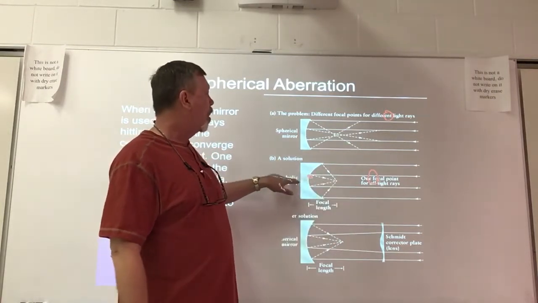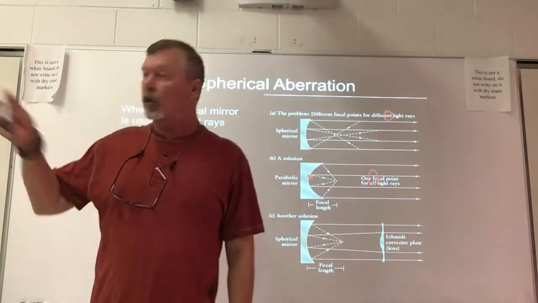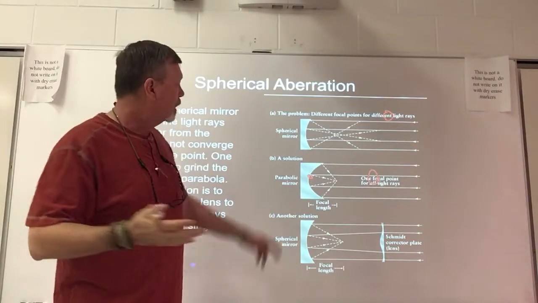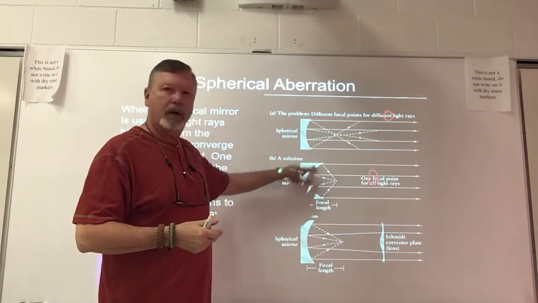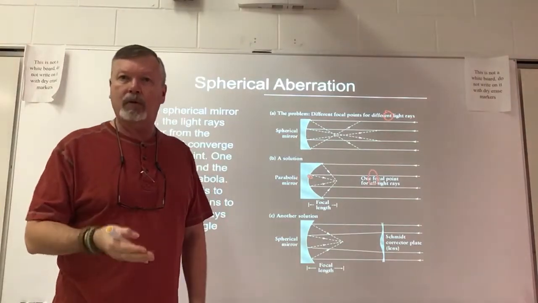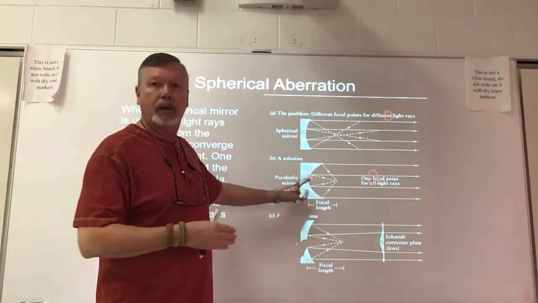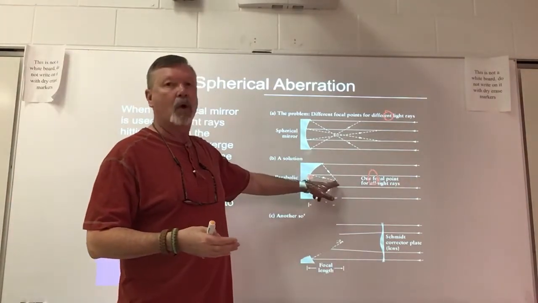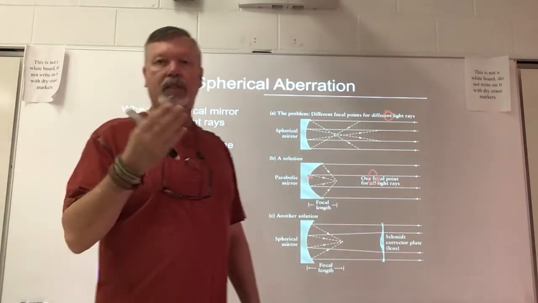So now, all research grade telescopes, to include the ones we have here, excuse me, on campus, have parabolic mirrors. I don't think they make reflecting telescopes with spherical mirrors anymore. I think they're all made with parabolic mirrors. Okay, so they all will automatically focus the light all at one point. All right, so it fixes that problem.